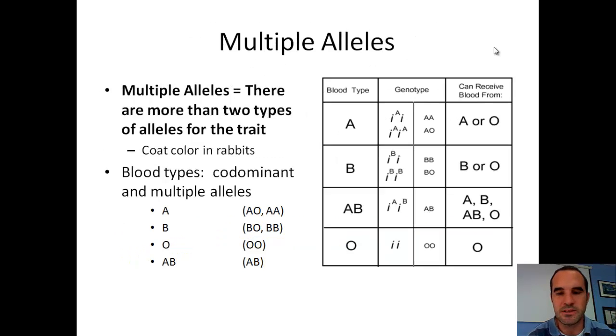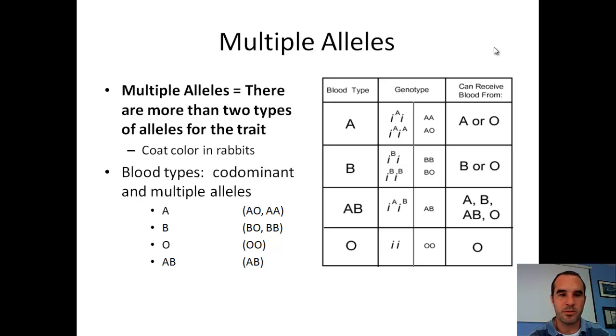If you're ready to move on, we're going to talk about what happens when you have multiple alleles. This is the case in the classic example, the same one that I did when I was in school, looking at blood typing. So multiple alleles, just like the name says, means you have more than two types of alleles for the trait.